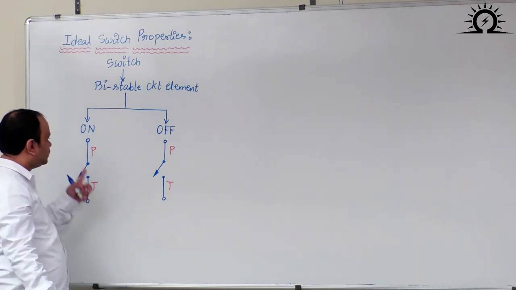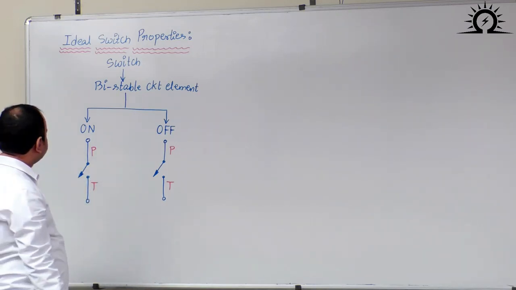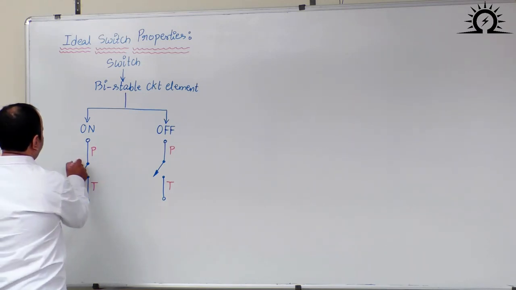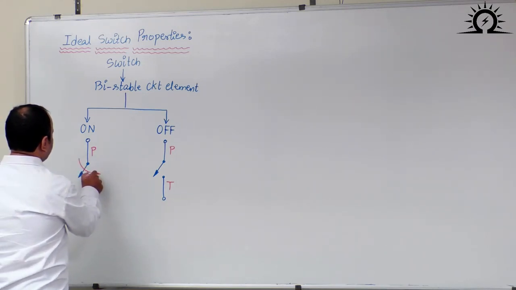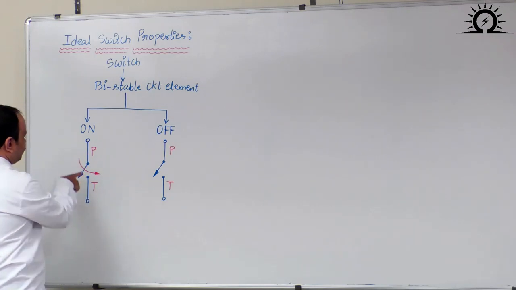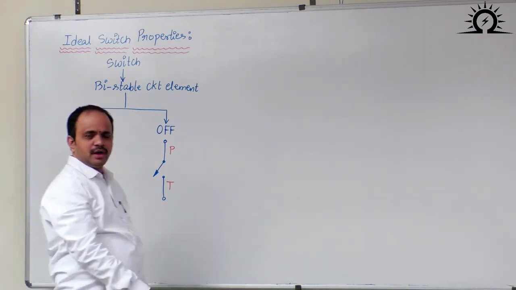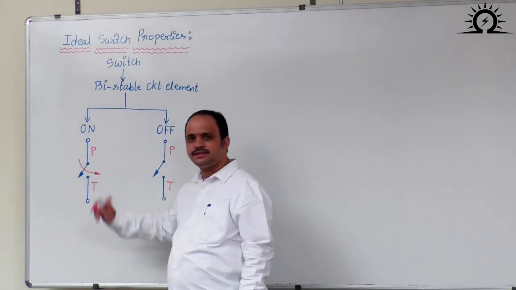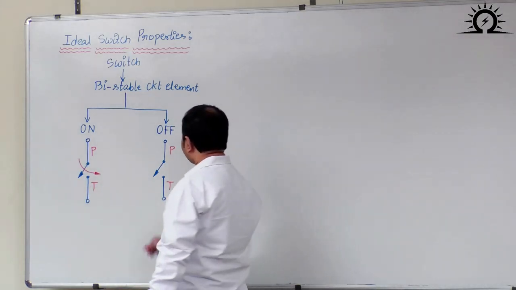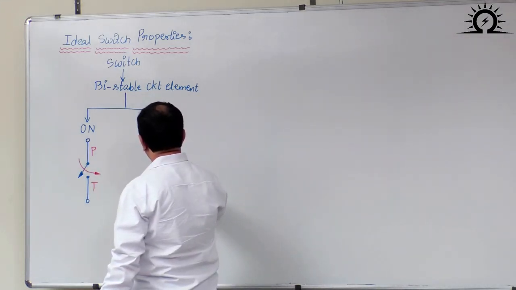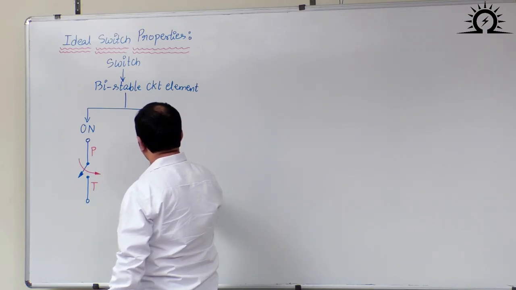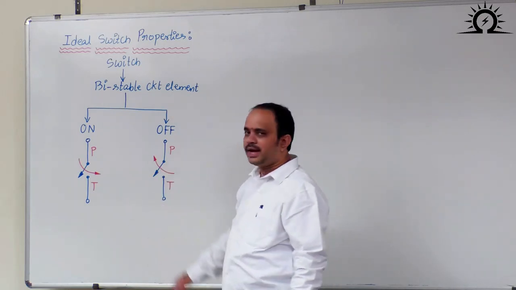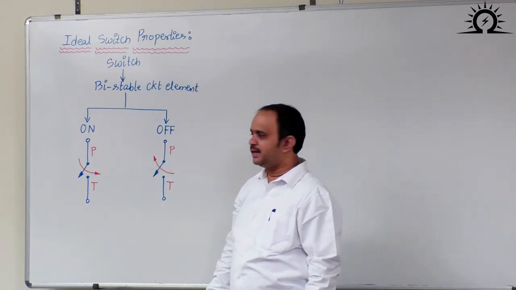On state means the pole is in contact with the throw. Off state means the pole and throw are separated from each other.